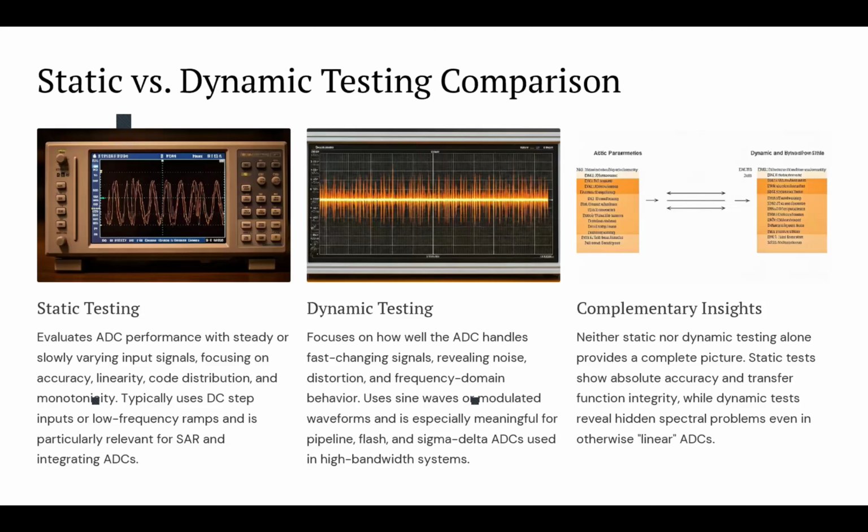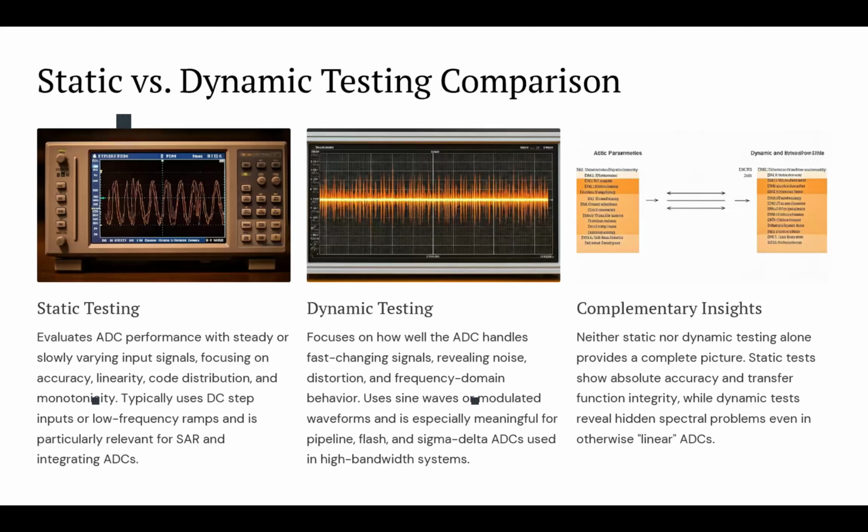Now, what about dynamic testing? Dynamic testing is the evaluation under a rapidly changing input. It could be a coherent sine wave, it could be a two-tone signal, a modulated waveform, any type of rapidly changing input. These tests focus on the noise, distortion, and frequency domain integrity.